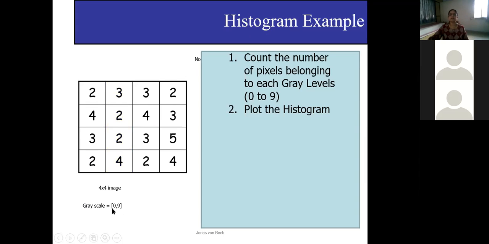So minimum intensity level is 0 and maximum intensity value is 9. Okay. So for histogram on the x-axis, we have to consider these gray values. So in total there will be 10 gray values ranging from 0 to 9. And on the y-axis, we have to plot the number of pixels belonging to each gray value.